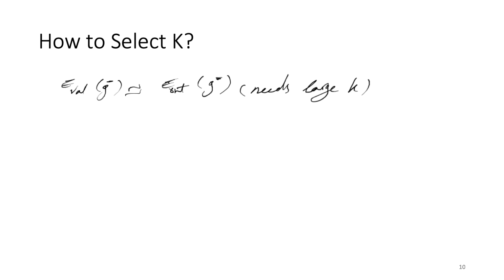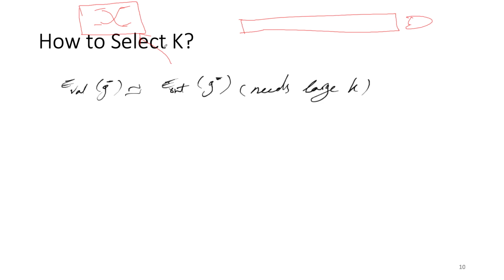So, in order for our validation error of G minus to be as close as possible to the real out of sample error, we need to select a large k. It makes sense, right? That was your D you were using to train your model, that was your samples, and that was your all x's outside.